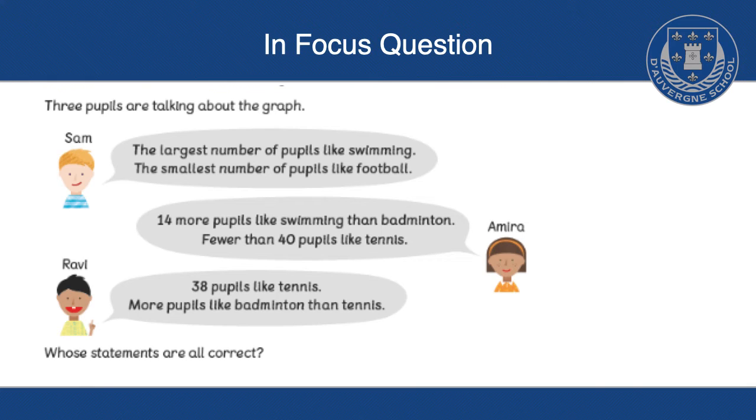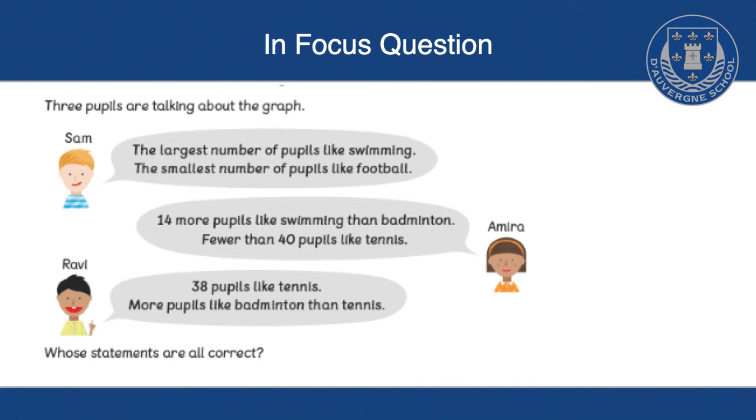And also he says that more pupils like badminton than tennis. It says whose statements are all correct. So we've got to decide at the end, was it Sam's statements that were all true, Amira's statements that were all true, or Ravi's?